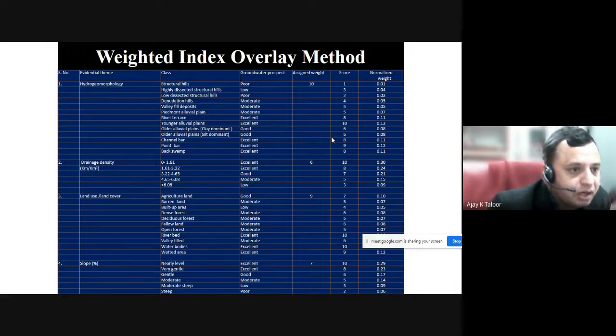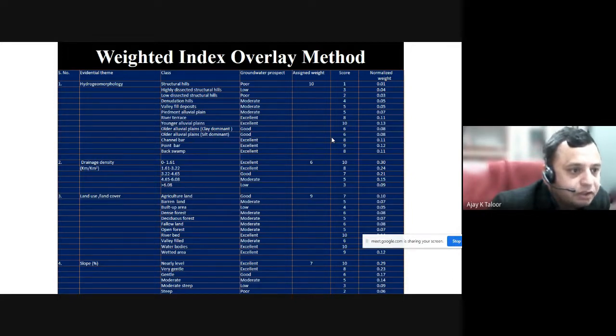So right from here, structural hills. If you can see, I have the hydrogeomorphology map. I have classified the hydrogeomorphology map into 10 or 12 parts. In the structural hills, which is the hilly area, we have scored it 1. Highly dissected, where there is dissection in the structural hill, we have given a score of 3.